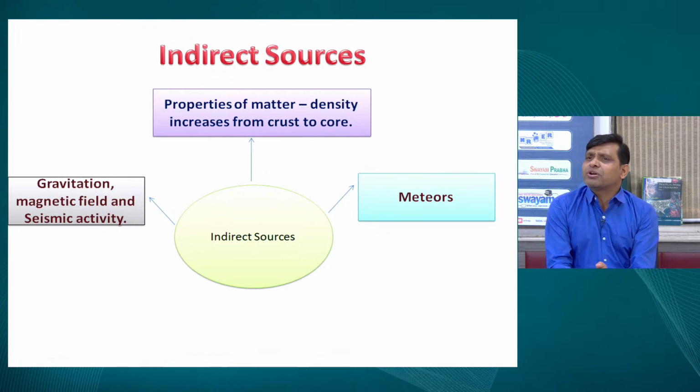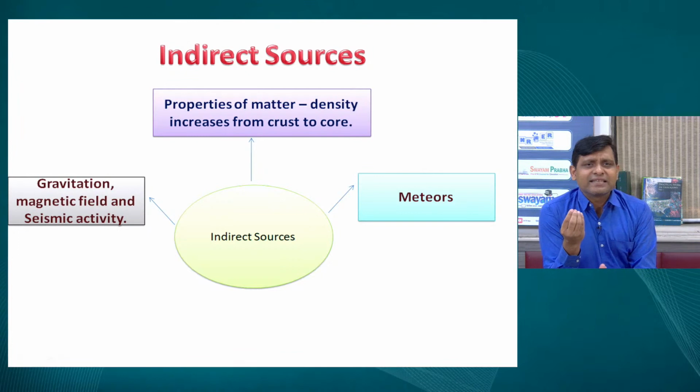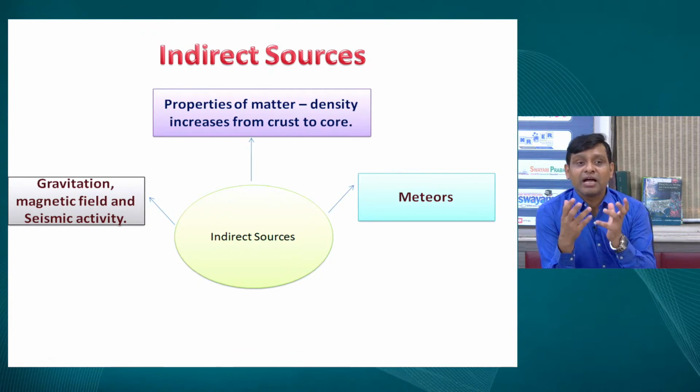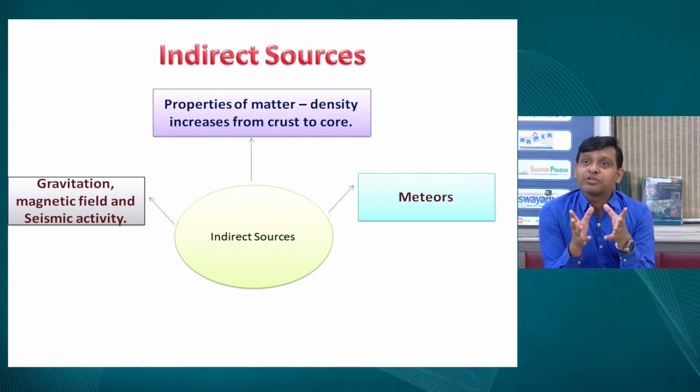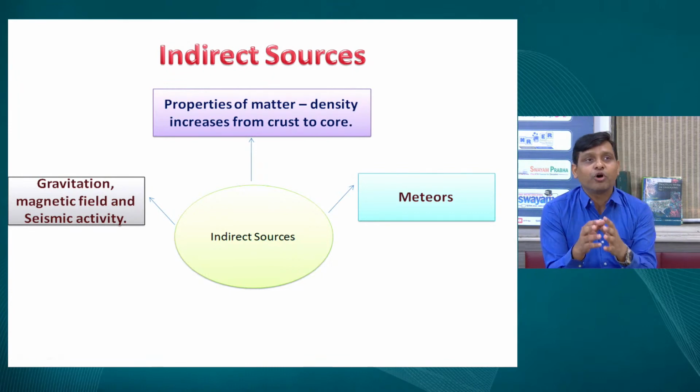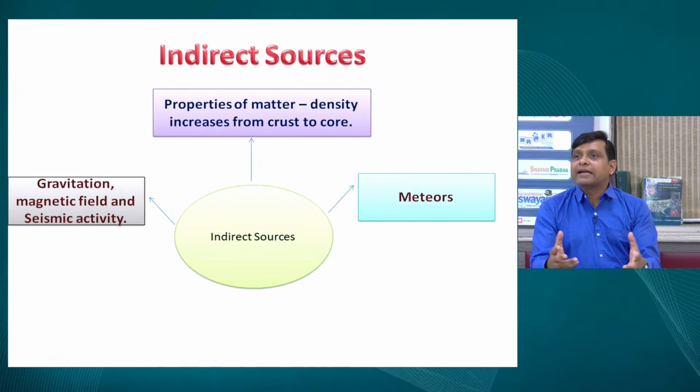Sometimes, normally these meteors are so small in size, when they reach inside the atmosphere of the Earth, they just burn and only ash is left. But there are few meteors which are large enough to come down on the Earth, and when we find such meteors, we study them, because a meteor is one thing which was formed along with the Earth and the solar system.